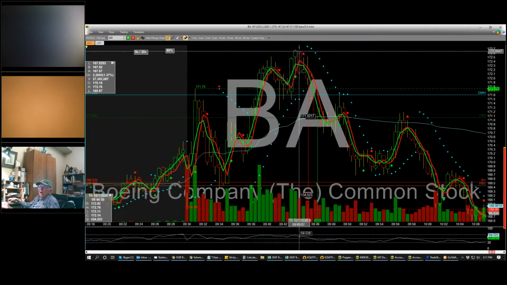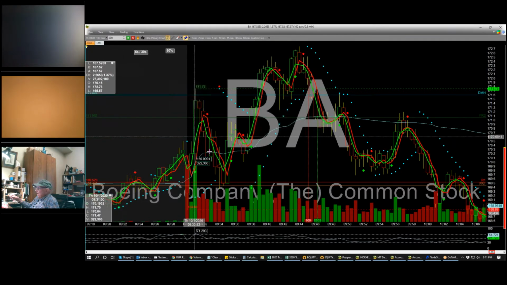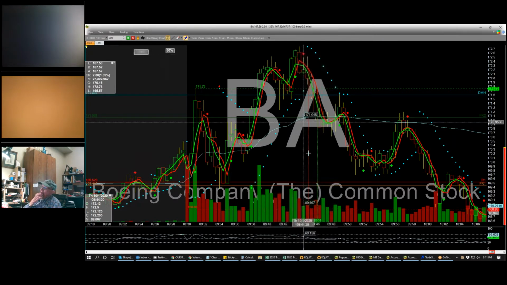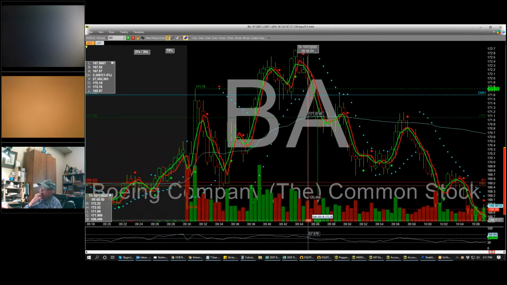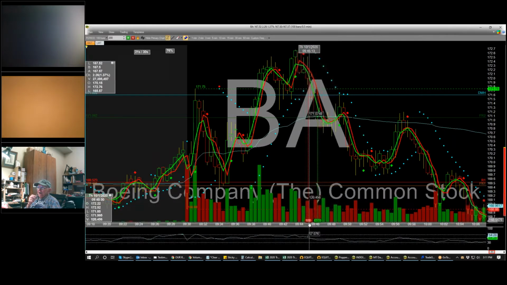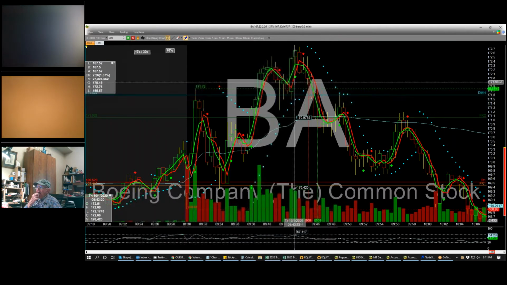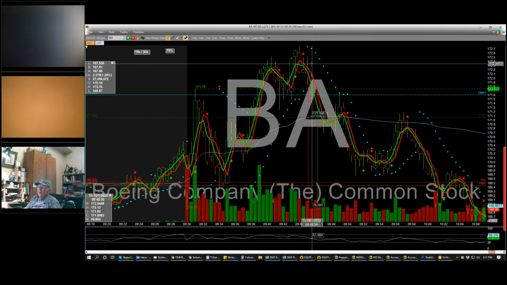So you can see here's my half minute from this morning. BA was running up and it had hit a peak and had given a little down arrow. So I shorted at 172.26. When I shorted it, I had to think about where my potential profit target was. Where am I going to get out of this trade?